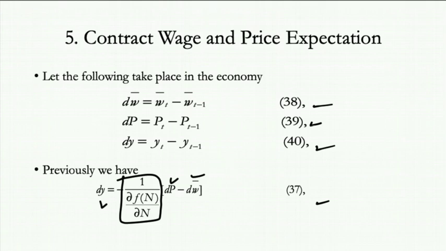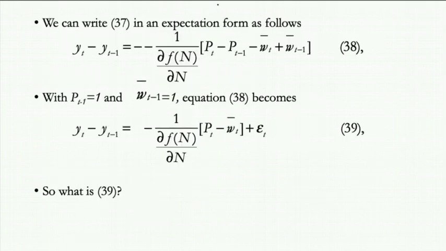Now what we need to do with 37 is write it in the expectation form. When we write it in the expectation form, dy must be substituted by dy in 40, dp must be substituted by 39, and dw bar must be substituted by 38. After we do those substitutions, we can have something like this. Anyway, we shouldn't have a double minus sign here. So this is 38.